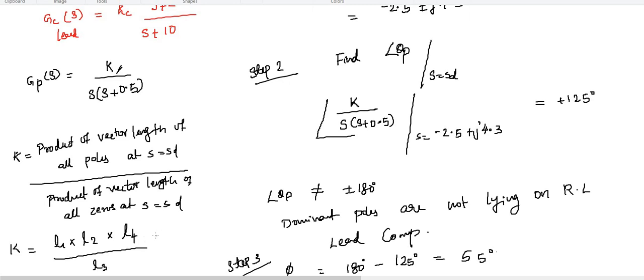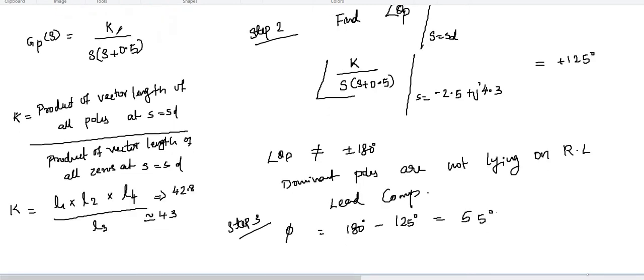If you do this, you will get the value of K as 42.8. We can approximate it as 43. So that is our next step.